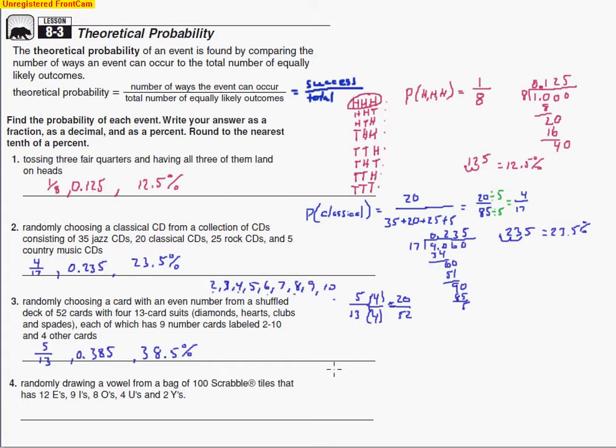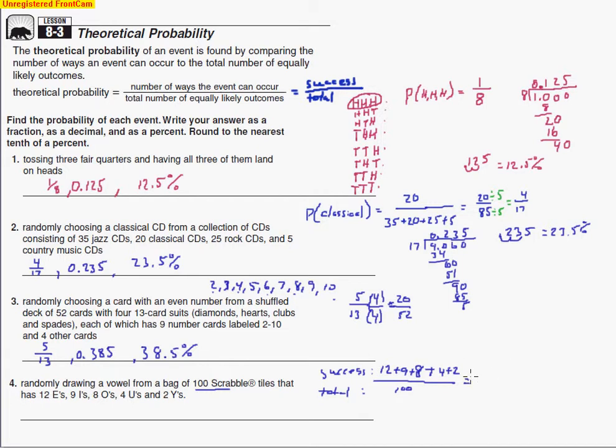So we just have to add up the successes. So the successes, we have a total of 12 plus 9 plus 8 plus 4 plus 2. Those are the different successes that we have. And over the total number, well, the total they told us was 100 because they have 100 Scrabble tiles. And so all we have to do is figure out what that number is.